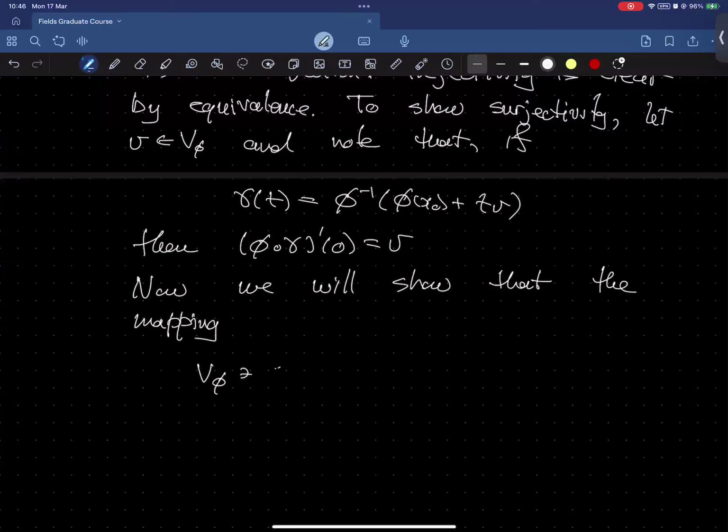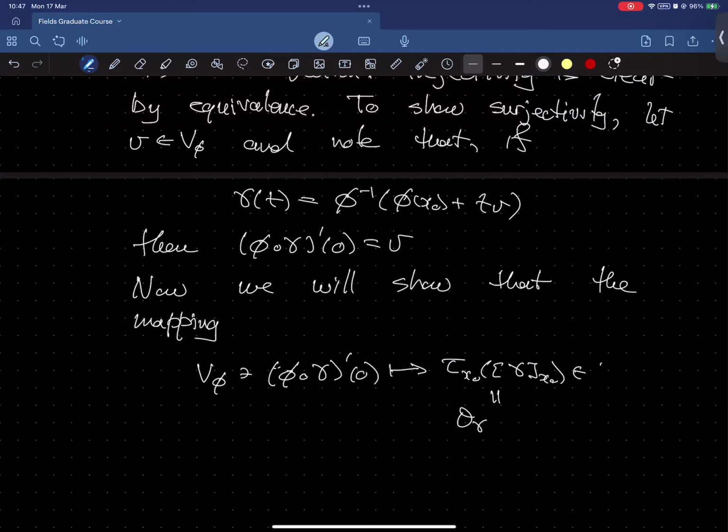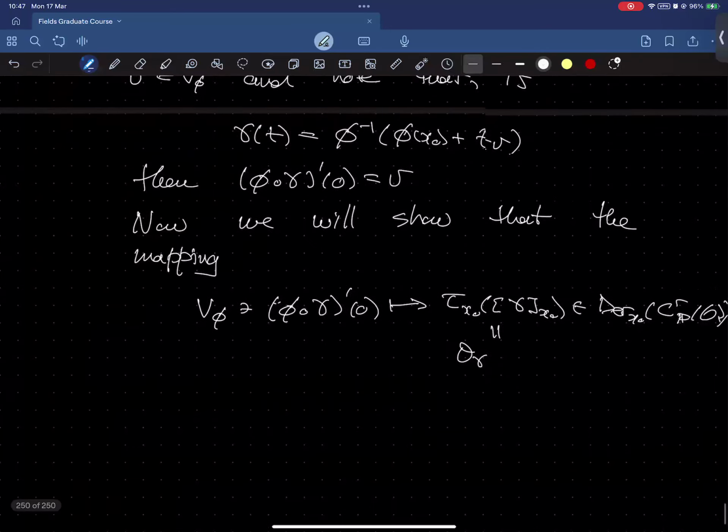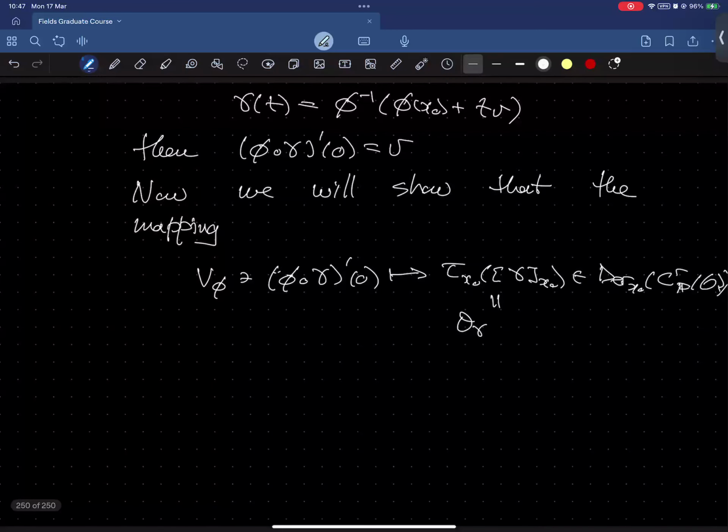It's going to be phi composed with gamma prime 0 maps to tau x naught of gamma, and remember that this thing, theta gamma, is in here. And you show that that thing is linear.